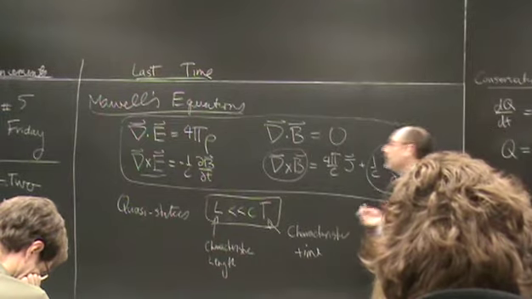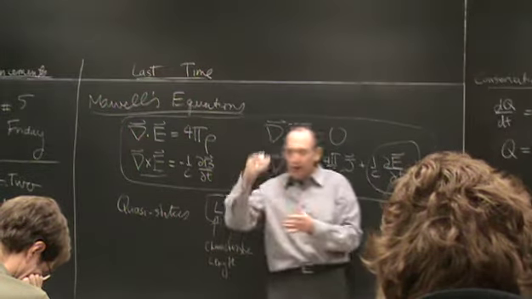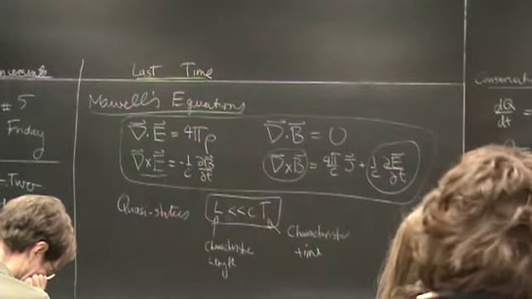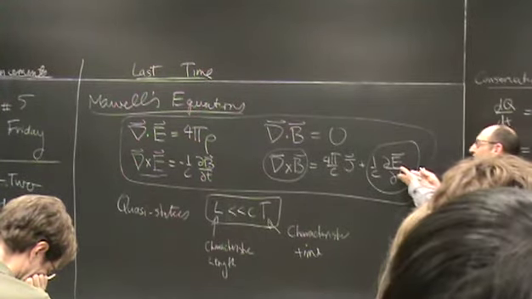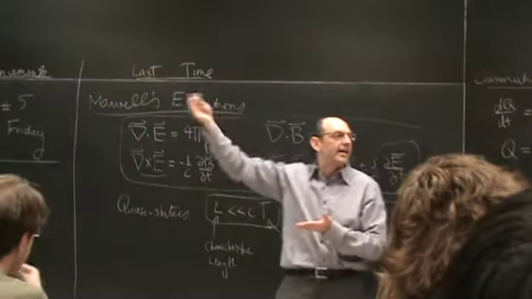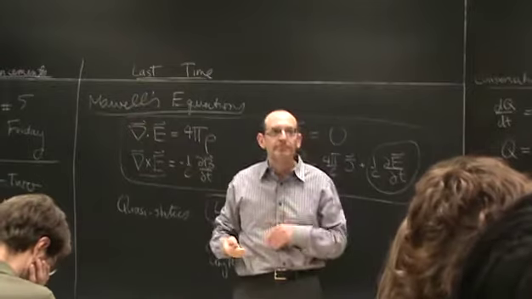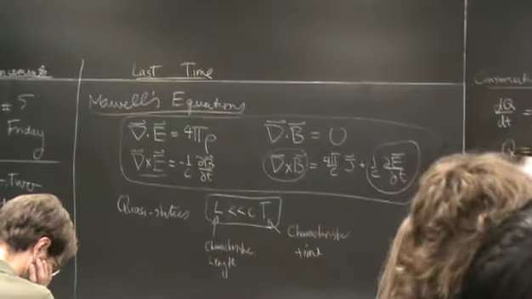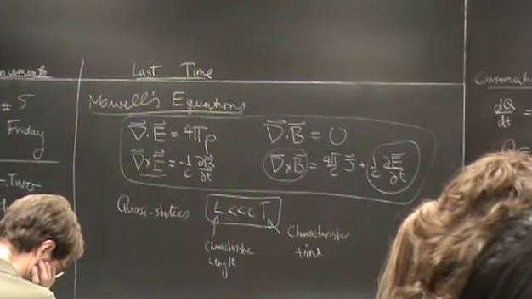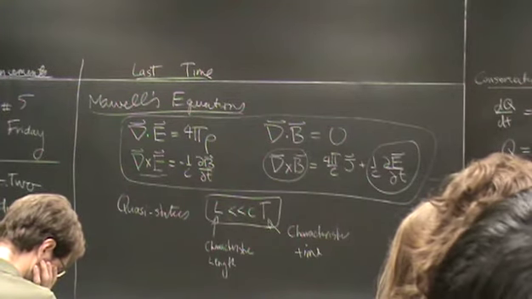So even if our particles or charges are moving at non-relativistic speeds, we still have the displacement current, and that shows up in terms of electromagnetic radiation. Okay? So, of course, we'll spend the latter half of the semester talking about waves and radiation.